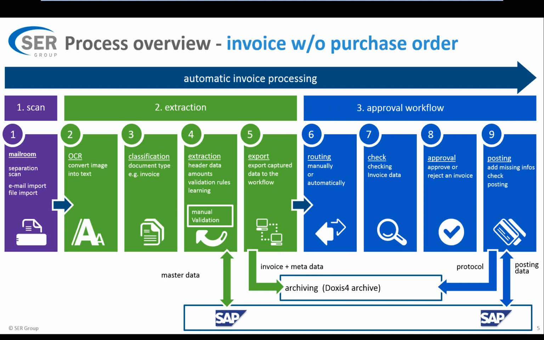Automatically means we provide a rule set. For example, if you have different cost centers, different accounts, suppliers, and so on, you can build a rule set, and the workflow will use this information for automatic routing to the responsible person within the workflow.